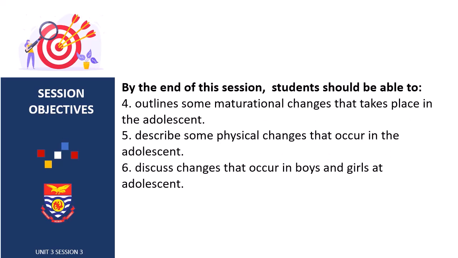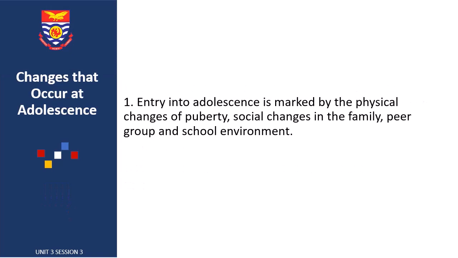Outline some maturational changes that actually take place in adolescents, 5. Describe some physical changes that occur in the adolescent, and 6. Discuss changes that occur in boys and girls at adolescence.